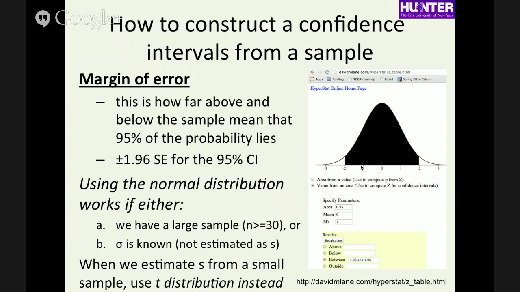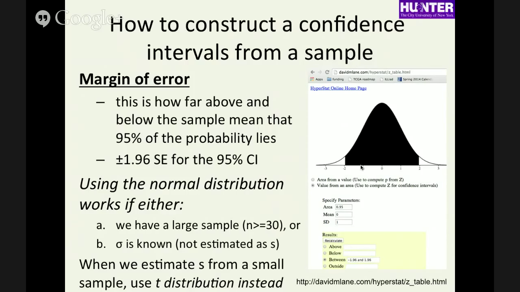So you can do this as long as either n is larger than 30, so you have a large sample, or the population is normal and we know the standard deviation of the population. So that's a key distinction there, whether you're using the known true population standard deviation or whether you're estimating it from a sample.